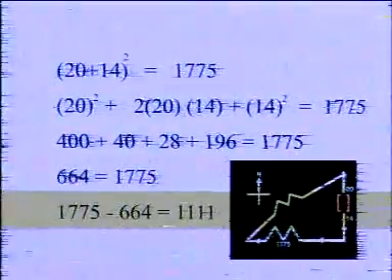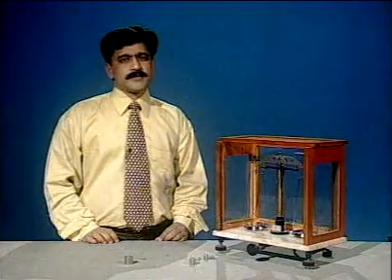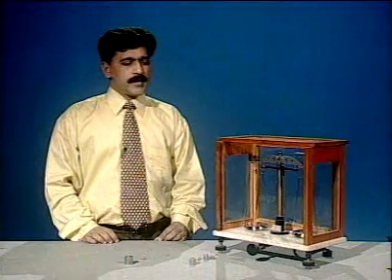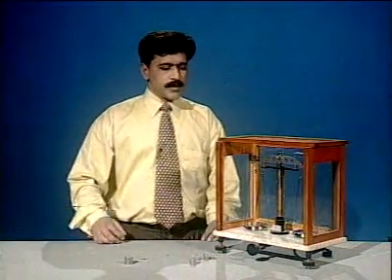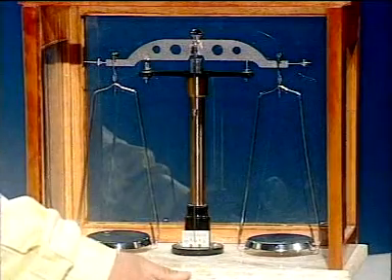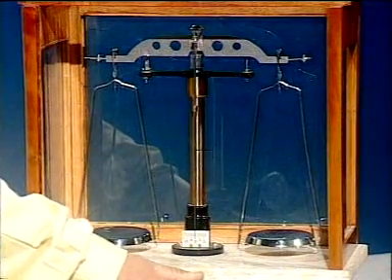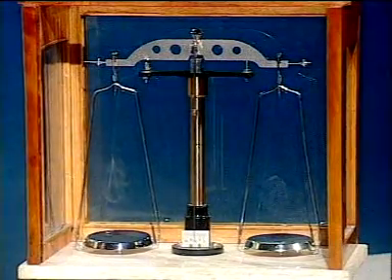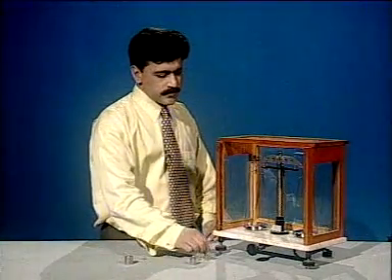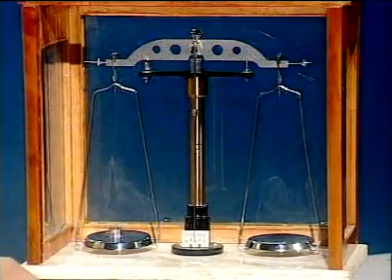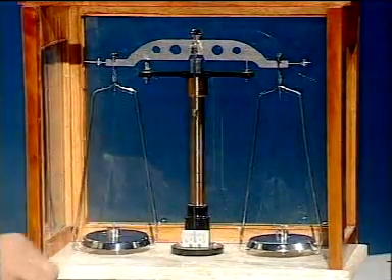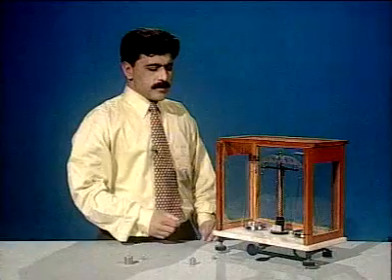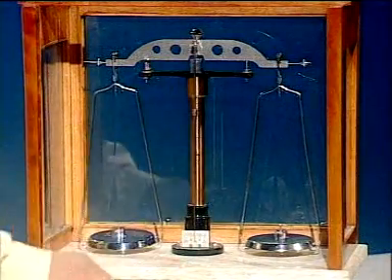1111. In order to understand simple equations, we can take an example of a simple physical balance. Here is a physical balance. You can see both the sides of the balance are balancing each other. They will remain in balance if equal amounts of weights are added on both the sides, or if equal amounts of weights are taken away from both the sides.